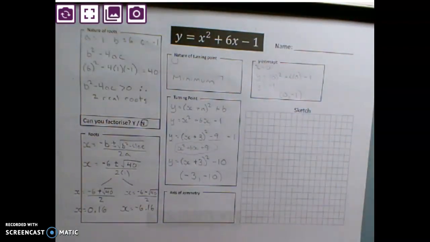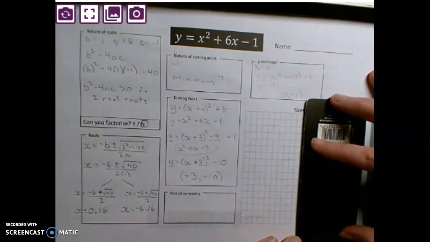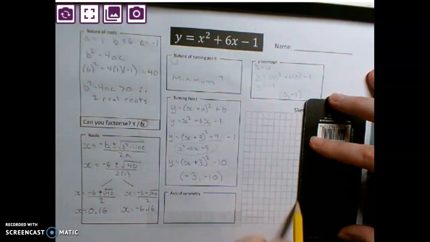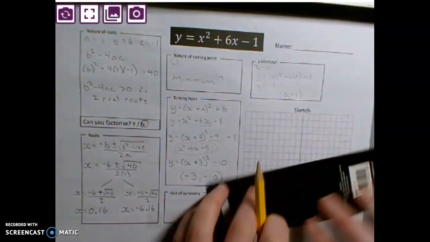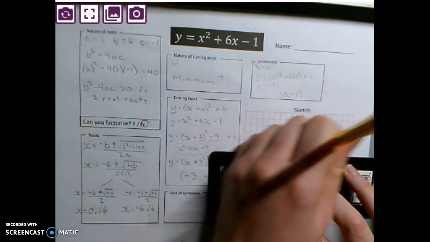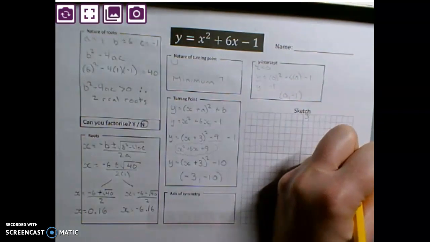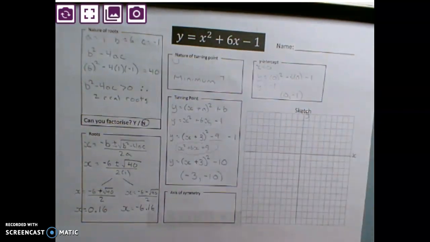Now we have all the information that we need to sketch this. So I take a straight edge and we draw this on our graph. We have our y and our x, and we're going to plot our points. I'm going to start with my turning point.